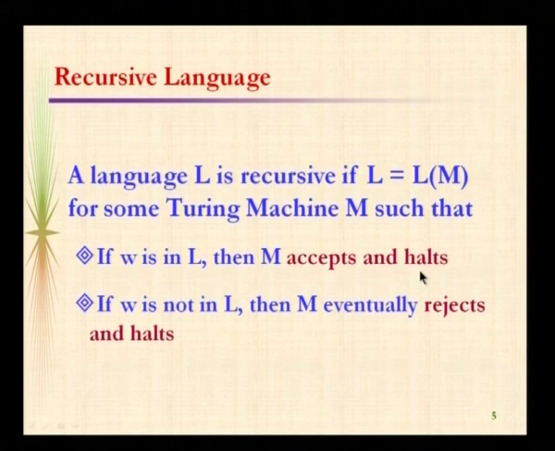It means you load any input onto the Turing machine which is constructed for the language L, and if the string is accepted by the language, or it is there in the language, then you expect the Turing machine to halt and accept. That means the Turing machine should come to an end by recognizing the string.